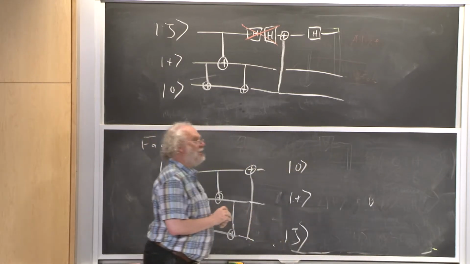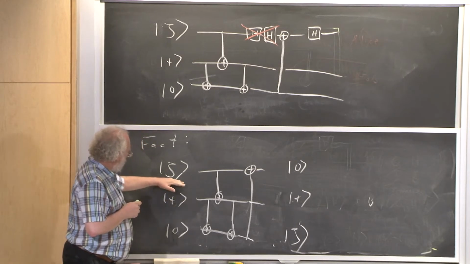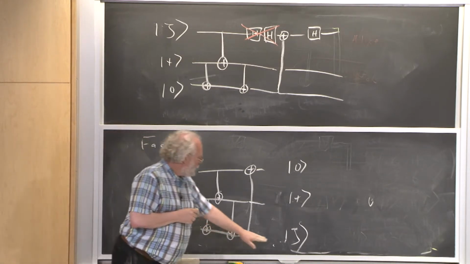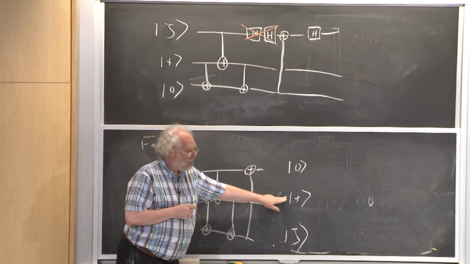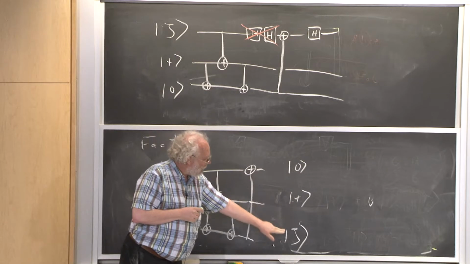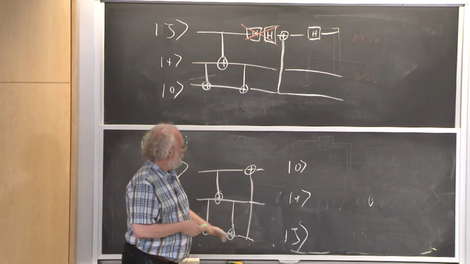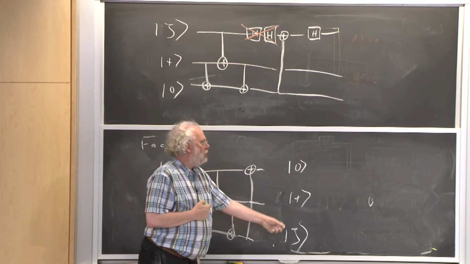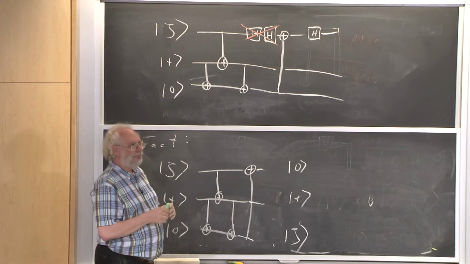So you can see this does teleportation. You need to check that this entry comes down here. And you also need to check that this entry and this entry are constant, independent of what this guy is. Because if they weren't, then this state would be entangled with these states, and it wouldn't be teleportation.